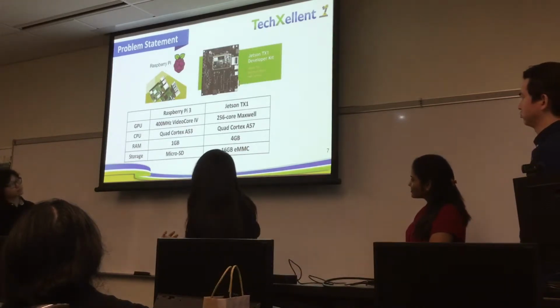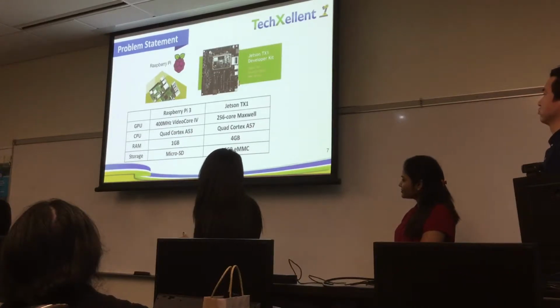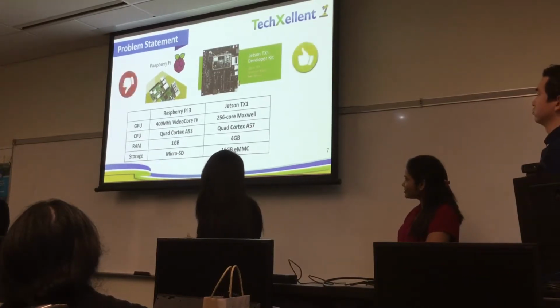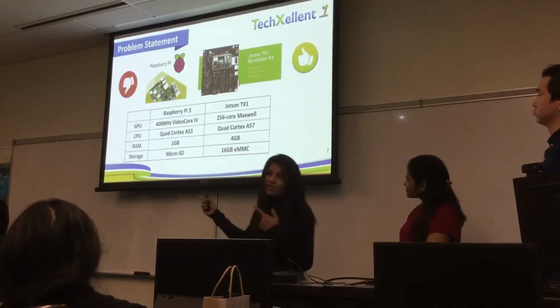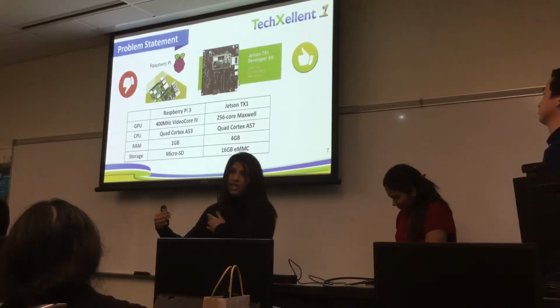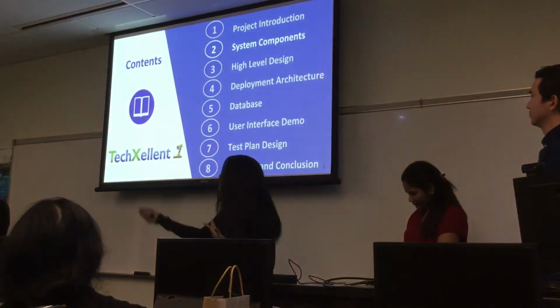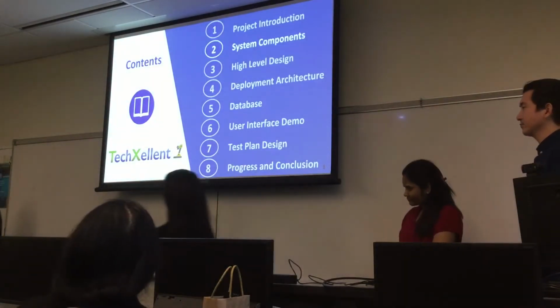That's why we are not using the Raspberry Pi, because it's slower, and we wanted to improve and take this project to the next level. So we are using the Jetson TX1. My friend Vamsi will talk about these devices.